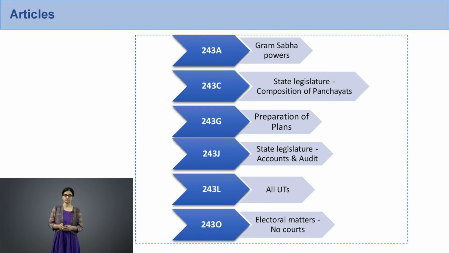Article 243A. Under Article 243A, a Gram Sabha is empowered to exercise powers and perform functions at village level as provided by law.